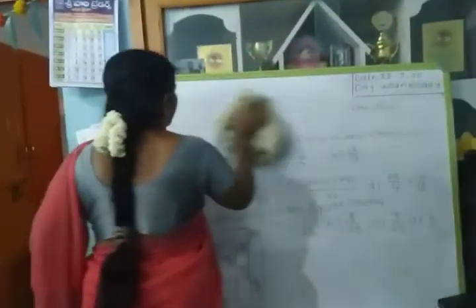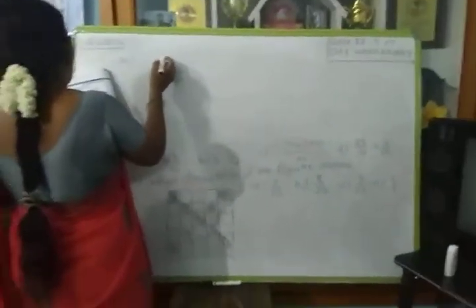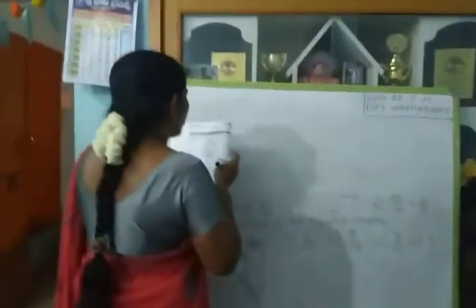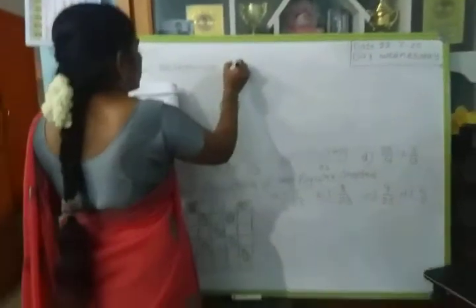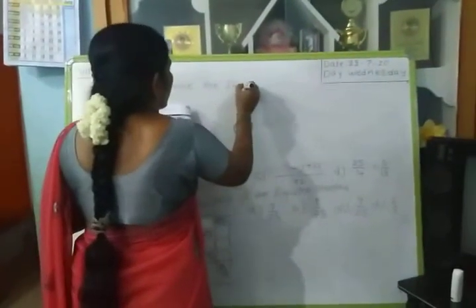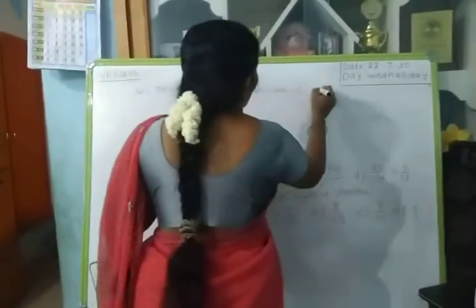Then the next question, 32nd. Determine the fraction of the shaded parts in the given figure.